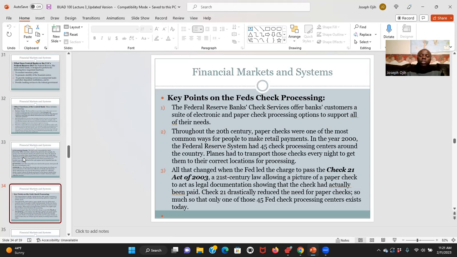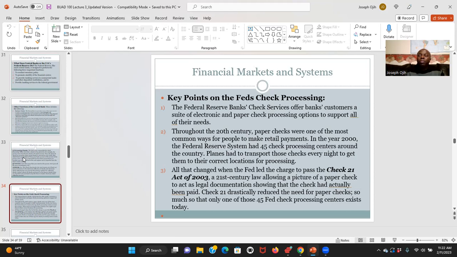But all those things changed in 2003, when the Federal Reserve started adopting the Check 21 Act of 2003, a 21st century law that allowed a picture of a check to act as legal documentation that the check had actually been paid.